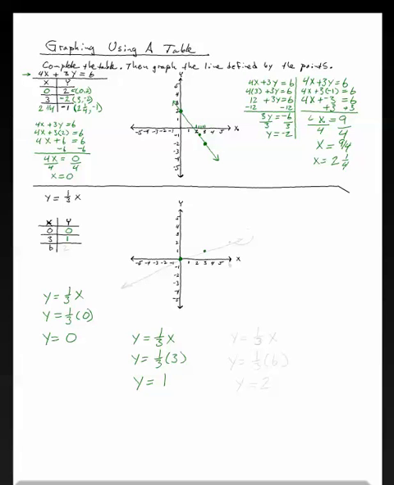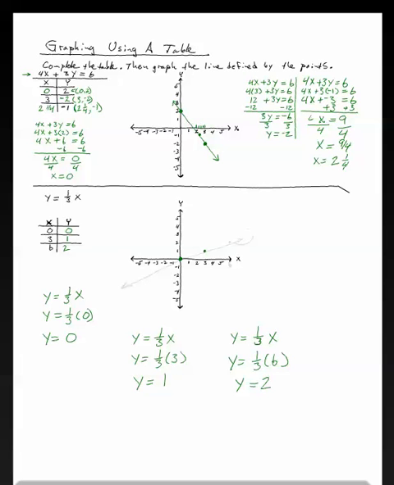Put our point in. And then our last one is x is 6. So y equals 1/3 times 6. And 1/3 times 6 would give us 6/3, and 6 divided by 3 is 2. So y equals 2.